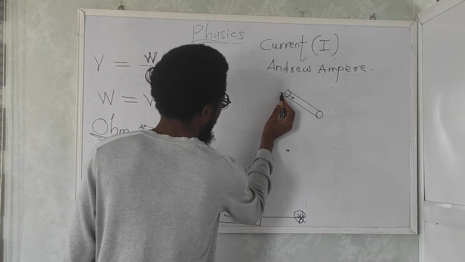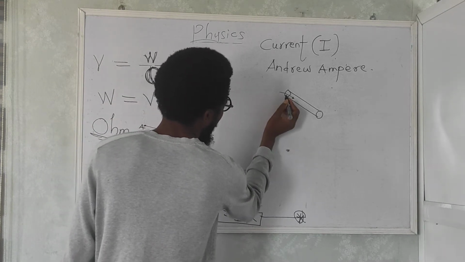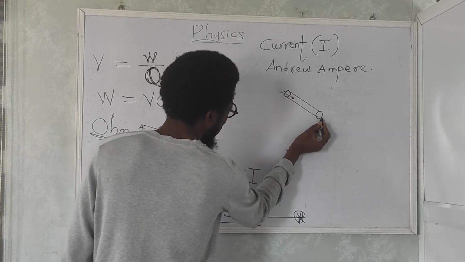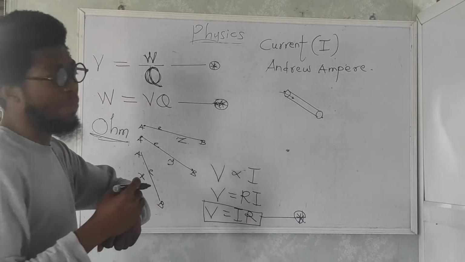If I start pouring them from here, how many grains will be able to move from here to here within a particular time?